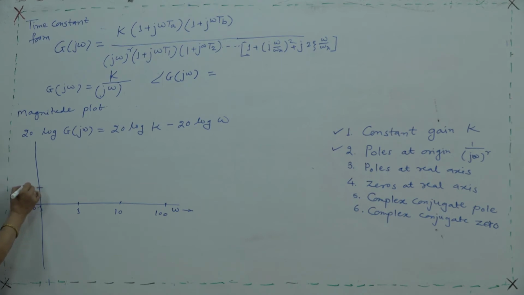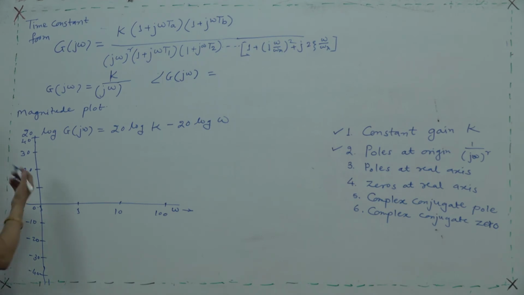Here you will get in dB 10, 20, 30, 40, minus 10, minus 20, minus 30, minus 40. So, the scale is, this is in dB, this is in the logarithm of frequency. So, omega. First is 20 log of K.